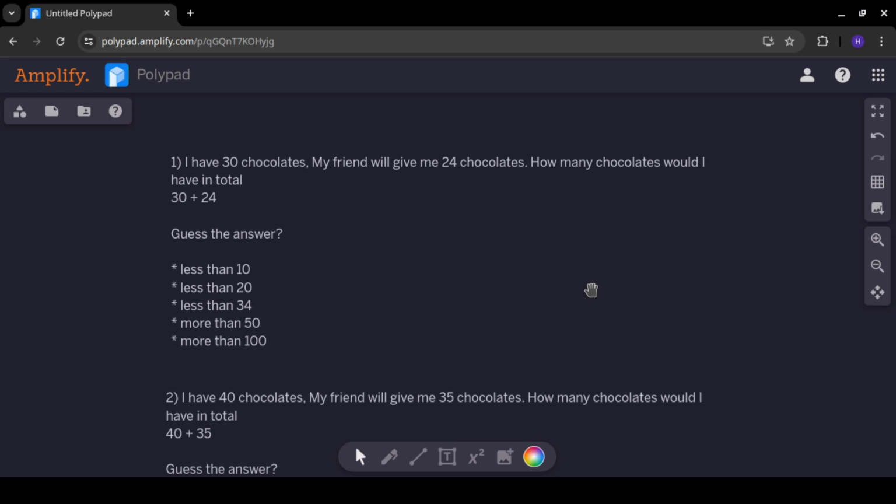So we can give children many contexts like this for estimation to come in. This is also an opportunity to explore or develop an intuition for addition, and also work on their number sense as well.